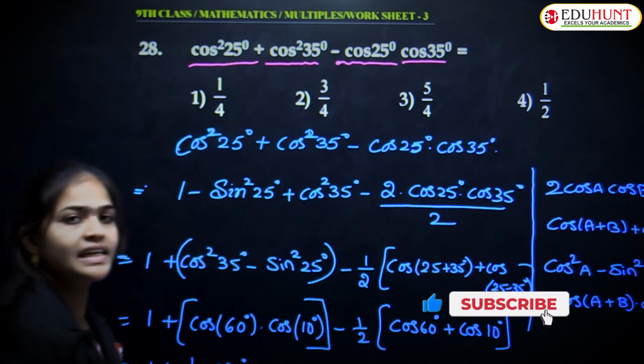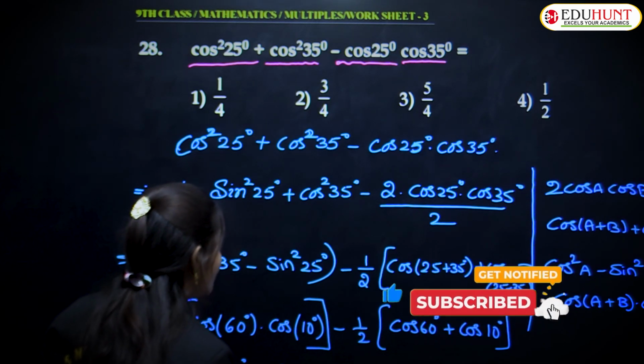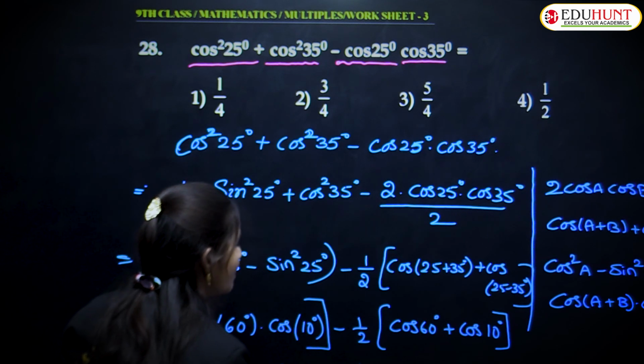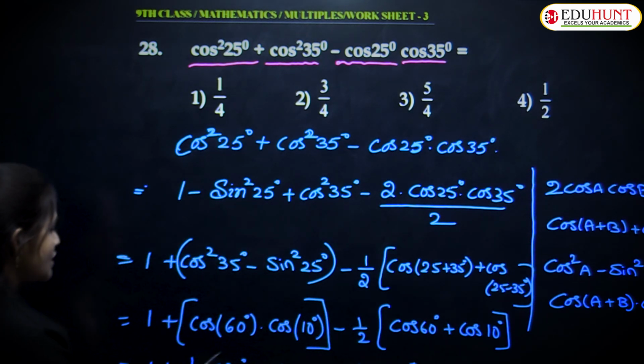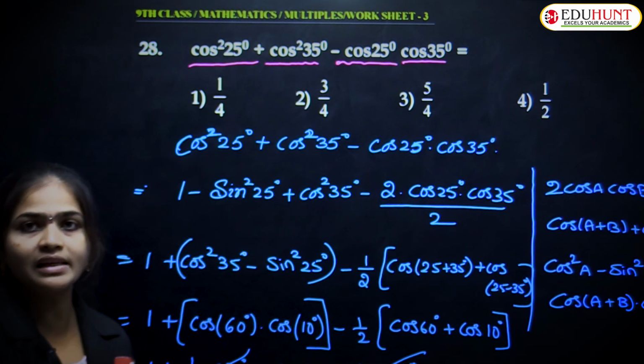Cos 60 degrees means 1 by 2. So minus 1 by 2 into 1 by 2, and minus into plus is minus 1 by 2 into cos 10 degrees. So plus 1 by 2 into cos 10 degrees minus 1 by 2 into cos 10 degrees. Am I clear children?